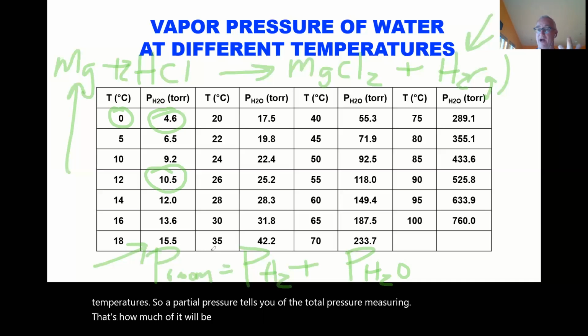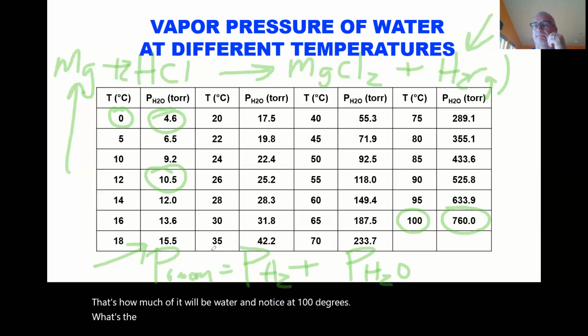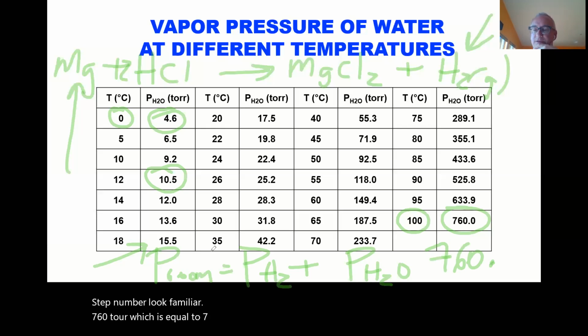And notice at 100 degrees, what's the partial pressure of water? Does that number look familiar? 760 torr, which is equal to 760 millimeters of mercury.